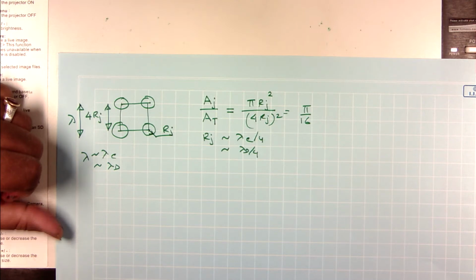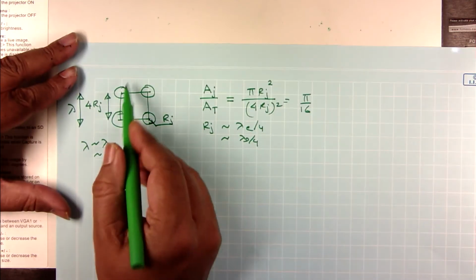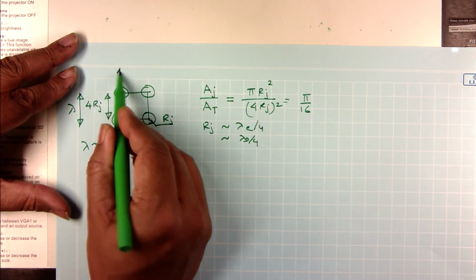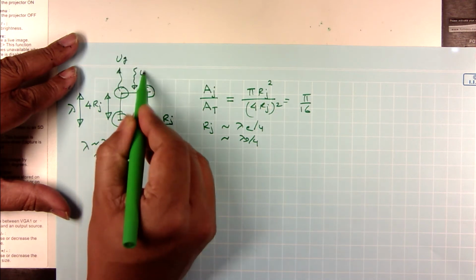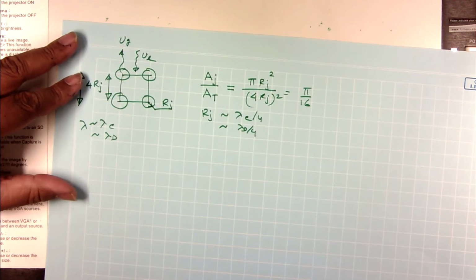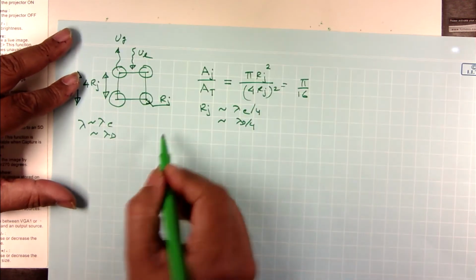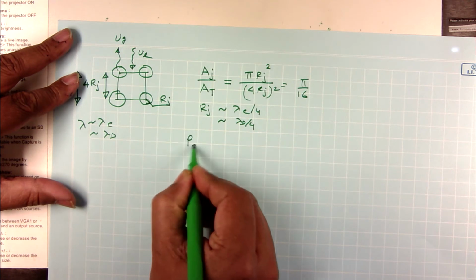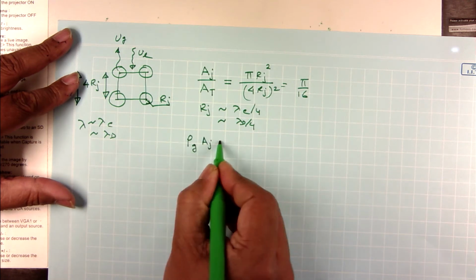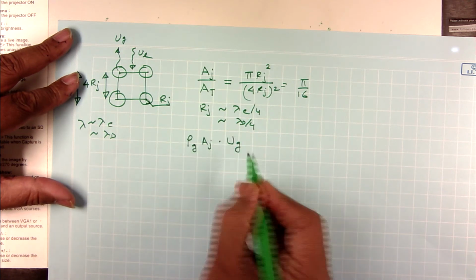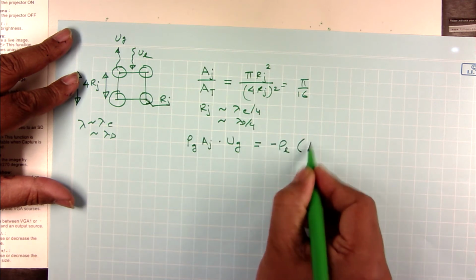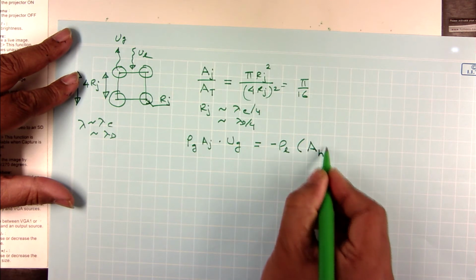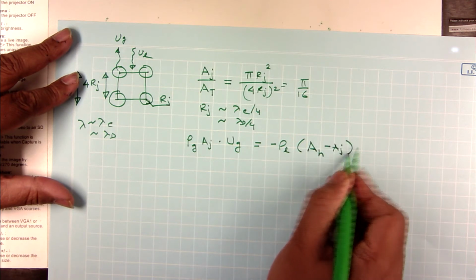And if you do a mass balance, the amount of vapor leaving the surface should be equal to the amount of liquid coming to the surface, isn't it? So, if I do a mass balance, then rho g times Aj times Ug should be equal to minus rho L times A of the heater minus A of the jet times UL.